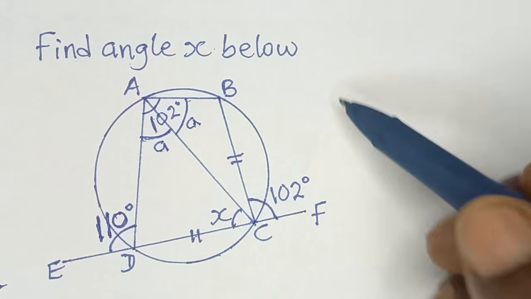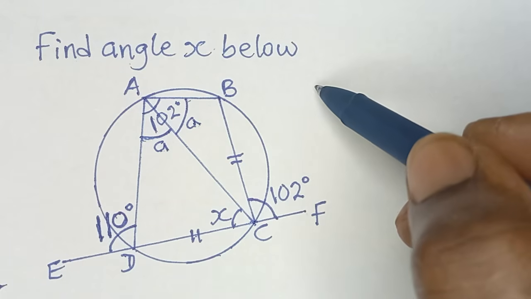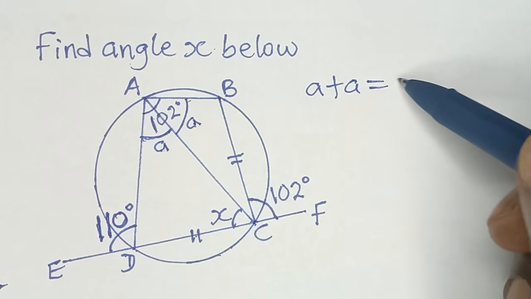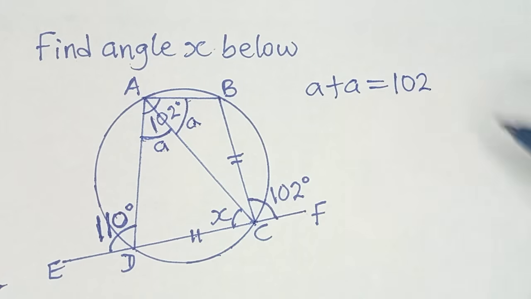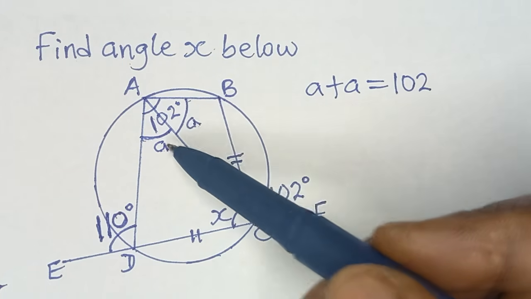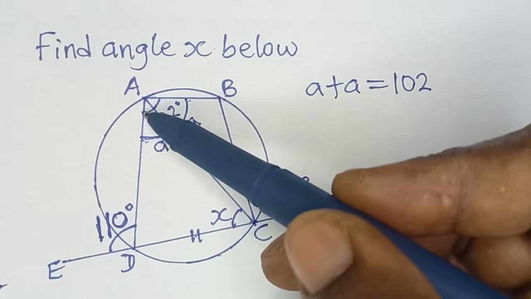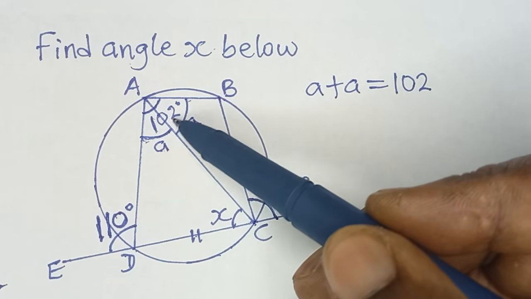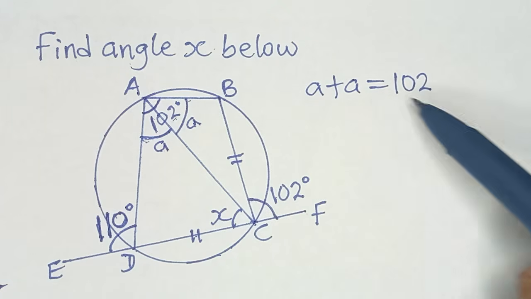Since they are equal, you agree with me that angle A plus angle A is equal to 102 degrees, because this is A and this is A, and the whole of the angle here is 102. So A plus A will be equal to the whole angle, which is 102. And that is what I've written down here.